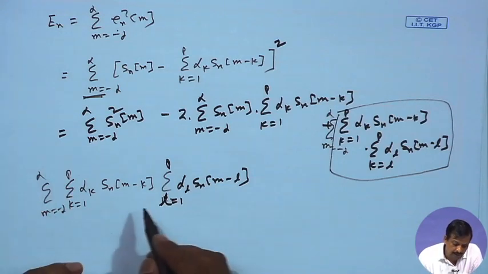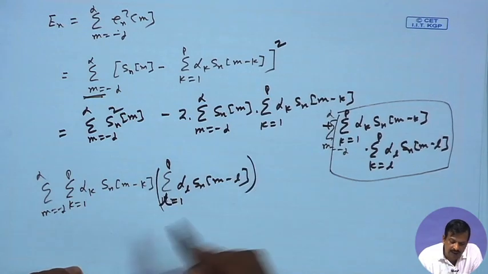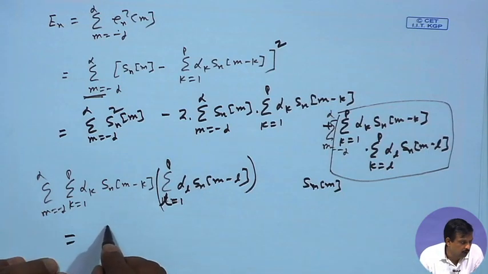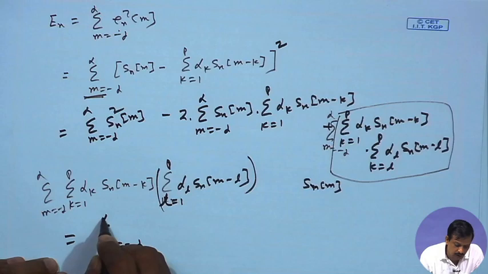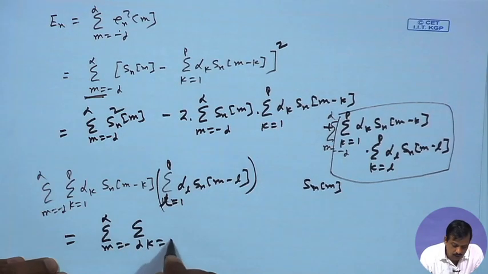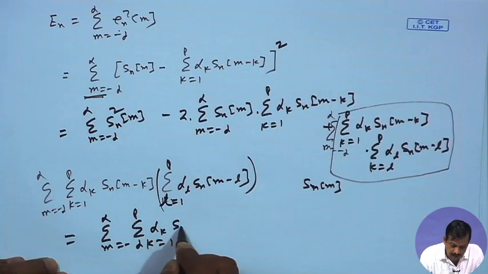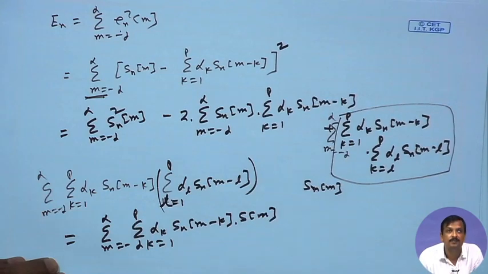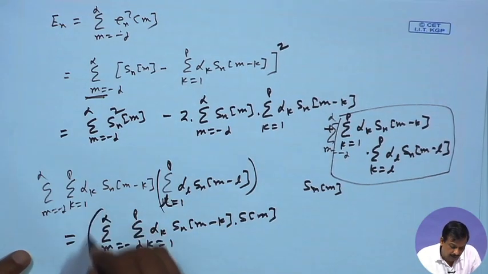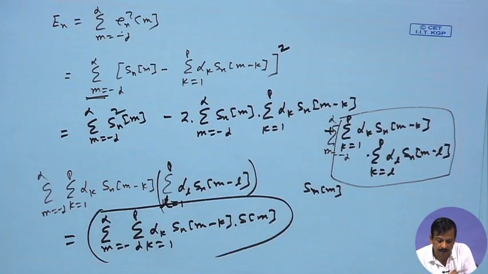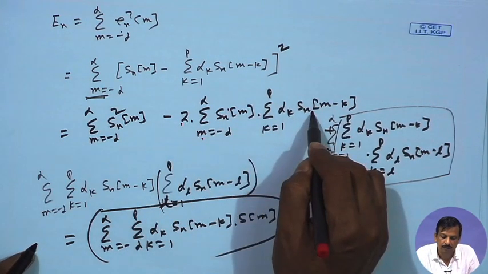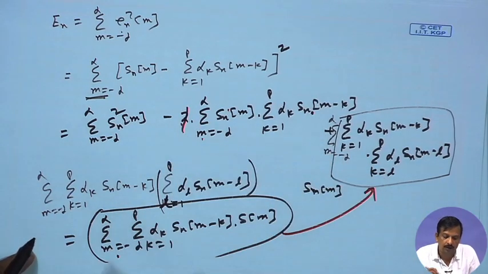Now, this is the estimation of s m, which is only s n m. So, I can write this as the sum over m from minus infinity to infinity, the sum over k equal to 1 to p of alpha k s n of m minus k into s m. This term I can replace here. So, you see the 2 times the same term gives one term, so the 2 will cancel.